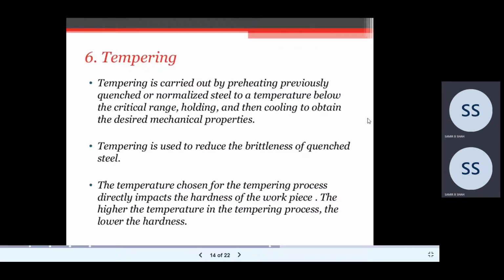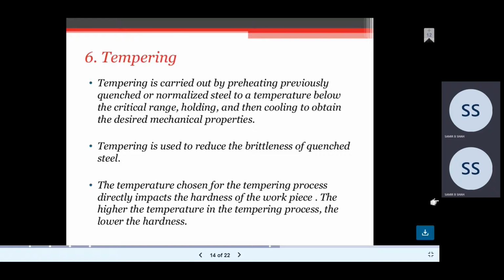Tempering is carried out by preheating previously quenched or normalized steel to a temperature below the critical range, then holding and then cooling. Tempering is used to reduce the brittleness of quenched steel.